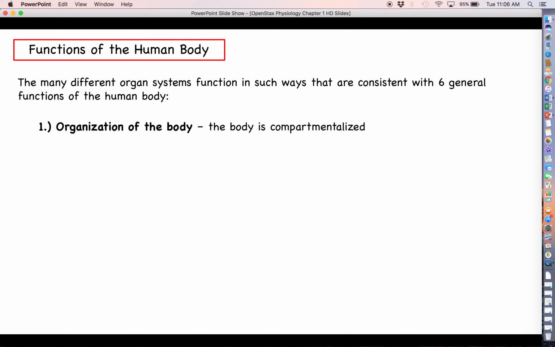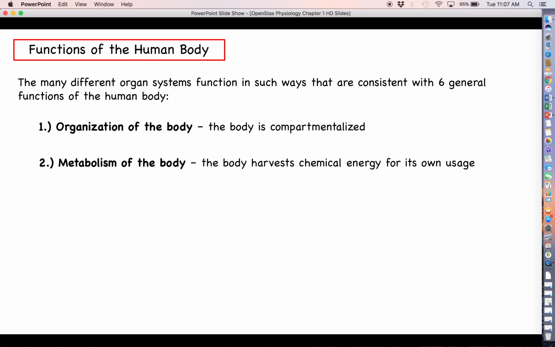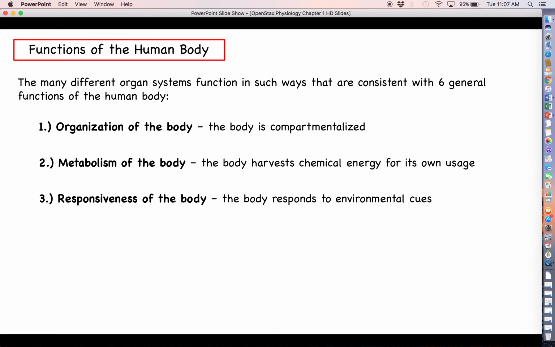The human body is very organized, and what we mean by that is the body is split up into compartments, and that's going to be the major focus of this particular video. The human body maintains a metabolism, which is basically just the sum total of all the chemical reactions on all of your cells. That will be a subject of another video.